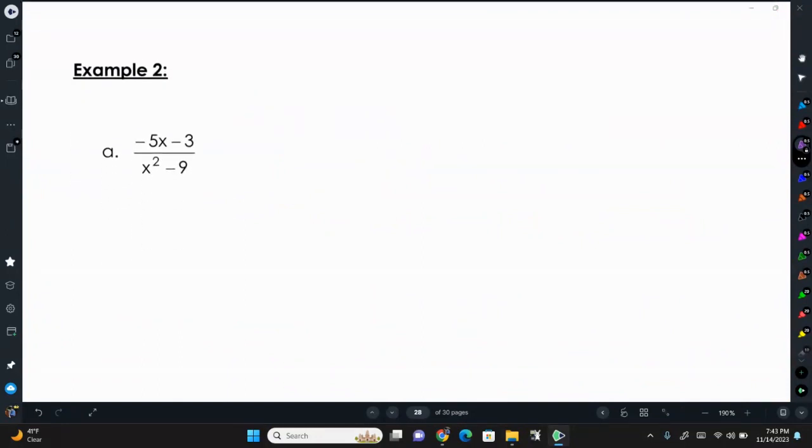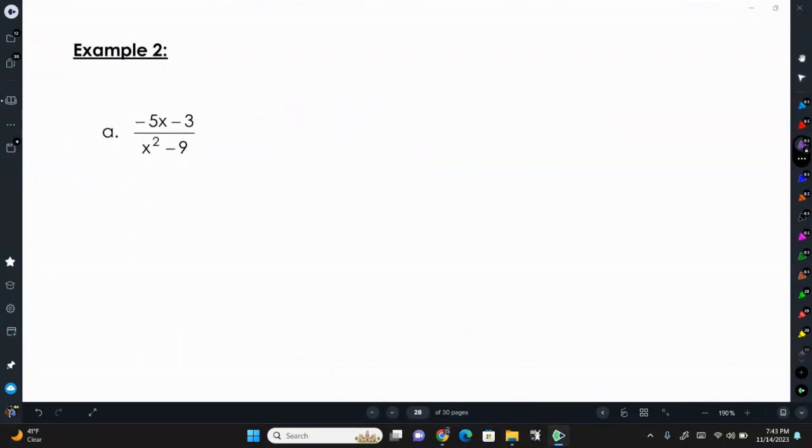All right, example 2. We have negative 5x minus 3 over x squared minus 9. So we're going to factor the denominator, x minus 3 times x plus 3. Now we can break this up into our two separate fractions.